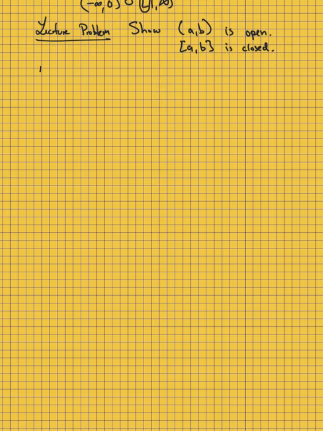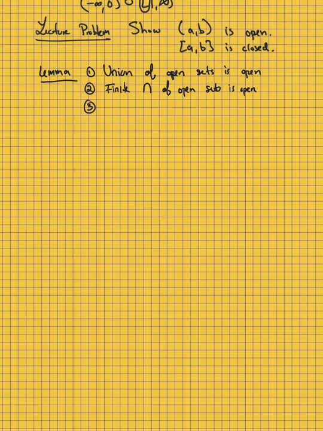Okay, so I guess I'll say a lemma: an arbitrary union of open sets is open. A finite intersection of open sets is open. From this and De Morgan's law, you get that an arbitrary intersection of closed sets is closed.